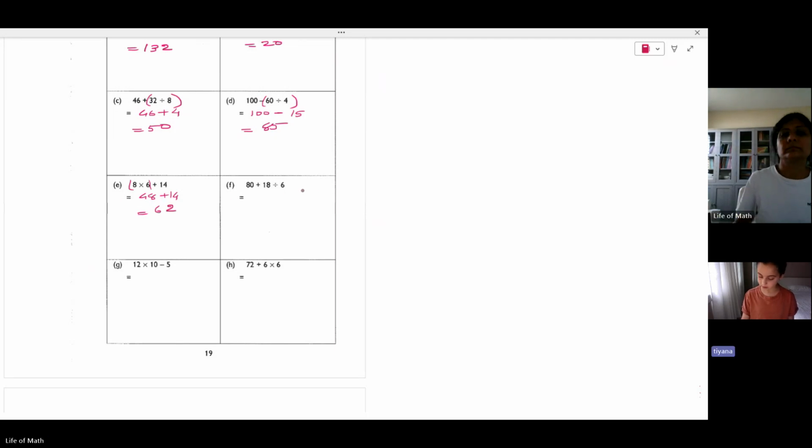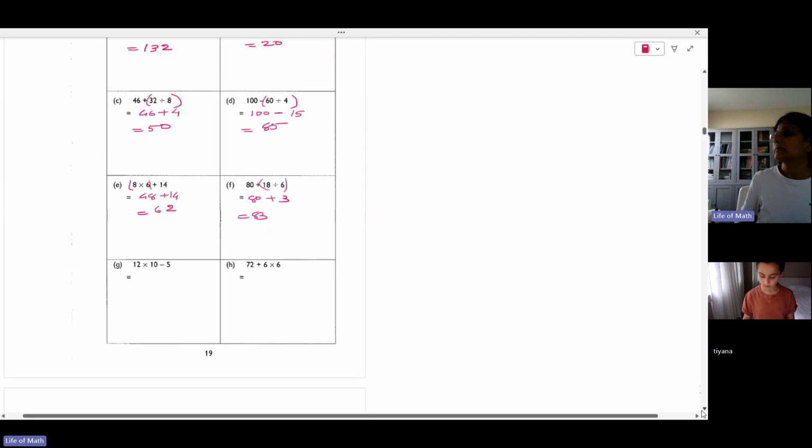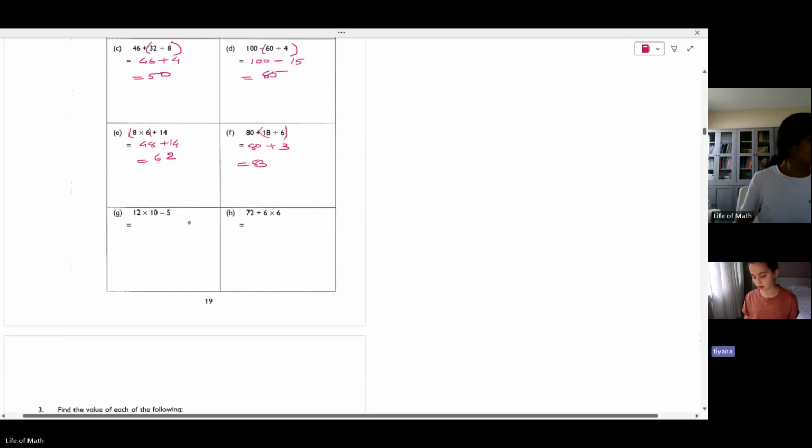Next one. You would do 18 divided by 6, which is 3. Then 3 plus 80 is 83. Fantastic. It is so much better when you listen and follow. G. 12 times 10 is 120 minus 5, 115.